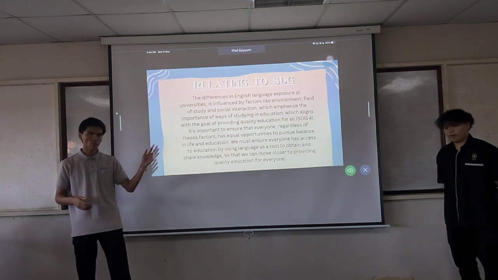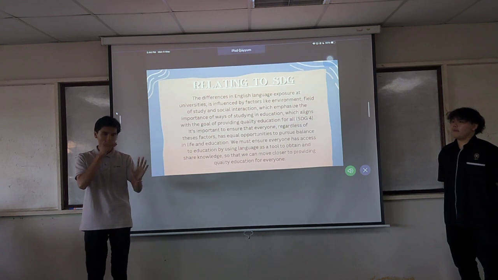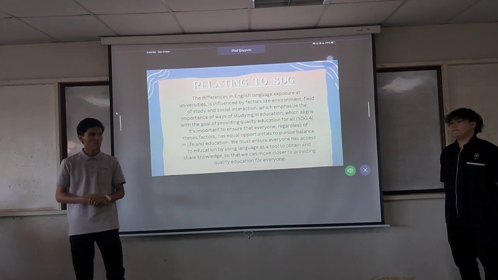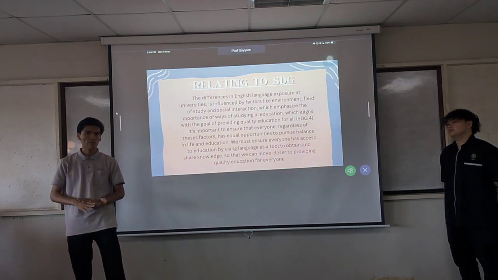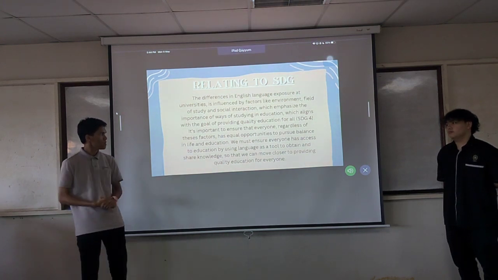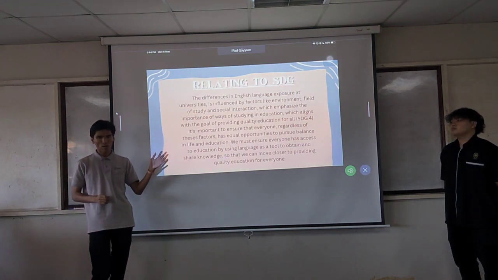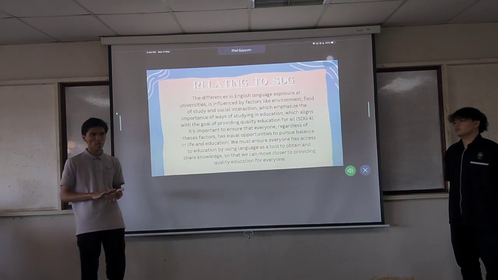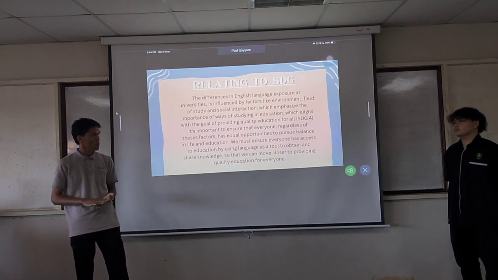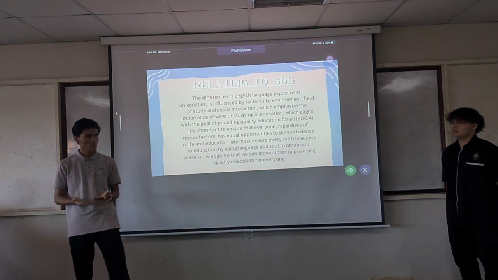And this also aligns with the sustainable development goal that my group has chosen, the fourth one, that is about quality education. And you can see that regardless of the factors mentioned, like the environment, field of study, and social interaction, we have to ensure that everyone has access to education.